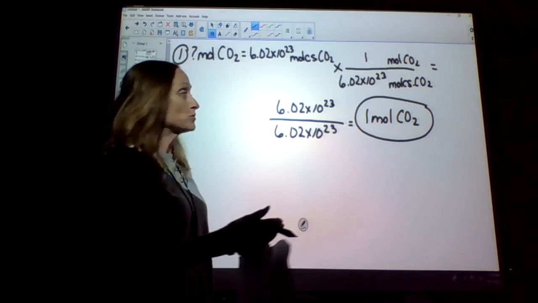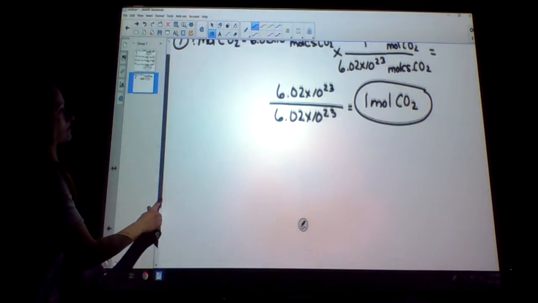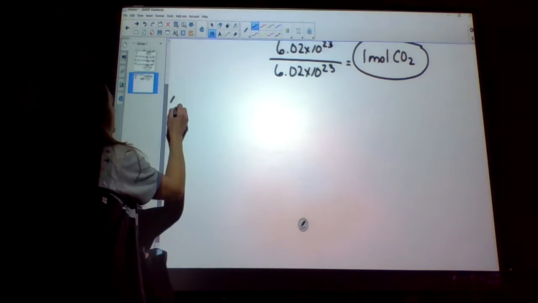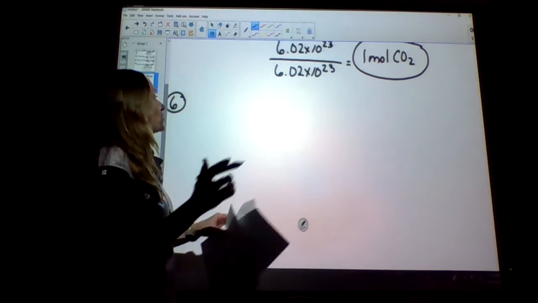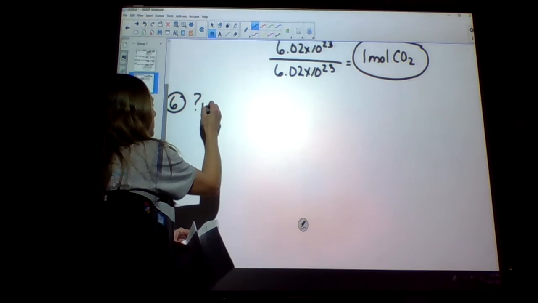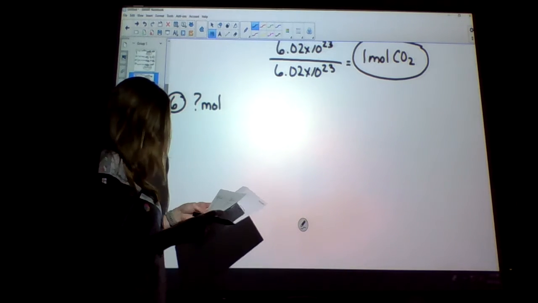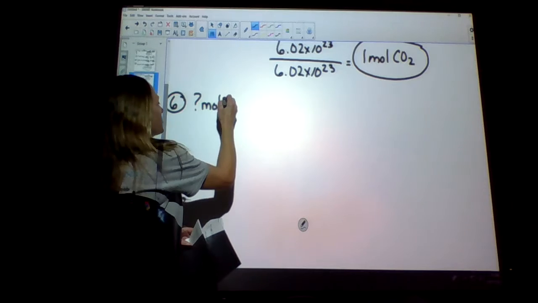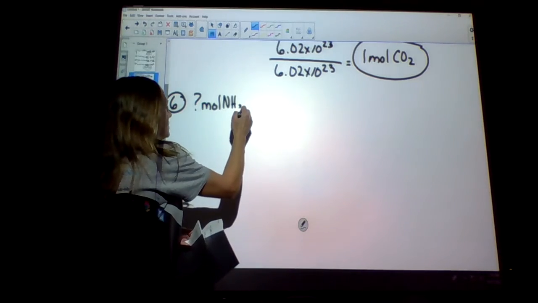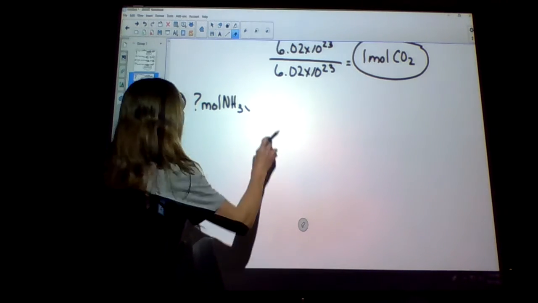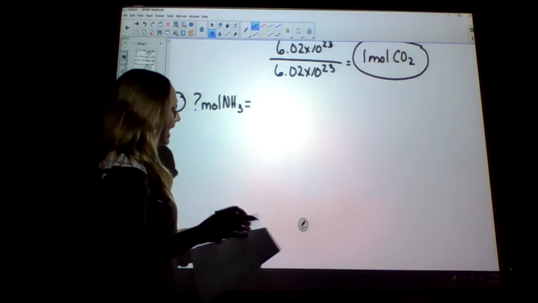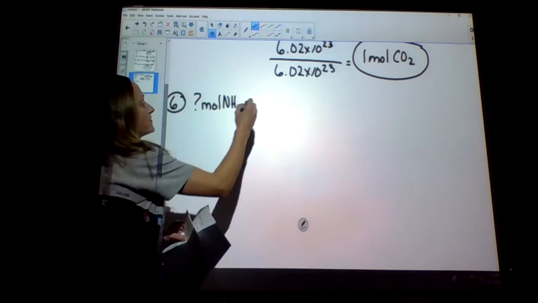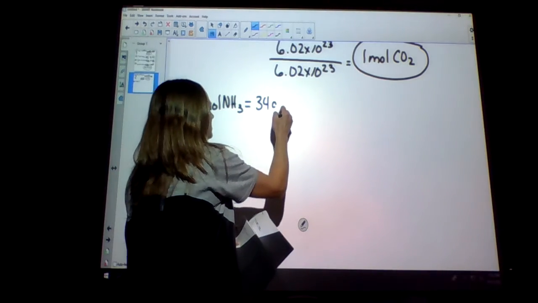Let's take a look at number 6. So with number 6, again, we're still trying to find our number of moles. And we are working with NH3, ammonia. And we know we have 34 grams.